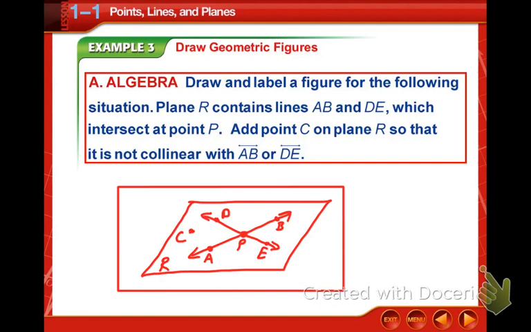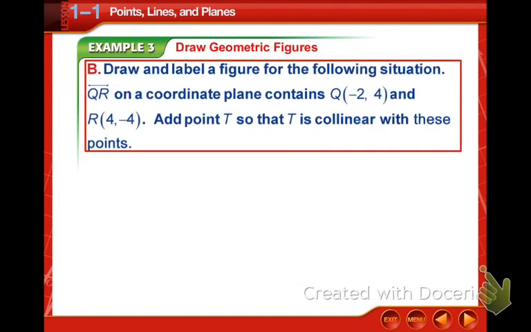Okay? The next one here, we need to now use a coordinate system. So I'm going to draw out a little coordinate system for us. Four units in both directions.